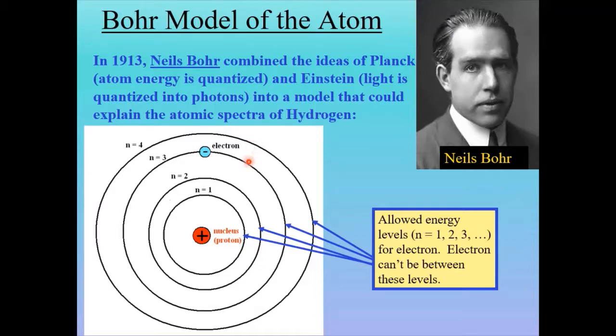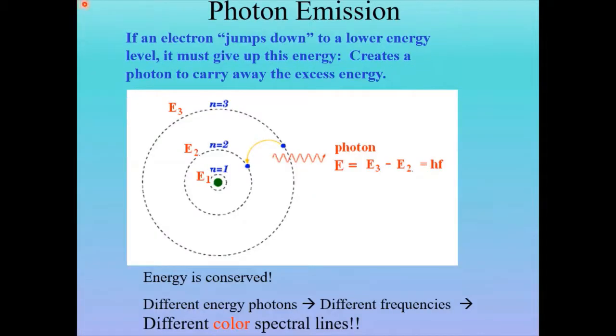The electron must be on one of these energy levels, designated by n equal 1, 2, 3, 4, etc. Now, the real key to Bohr's model is how it predicts the emission of light and explains the spectrum. This is where Bohr's model really becomes useful and powerful.